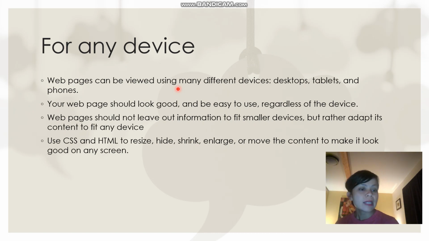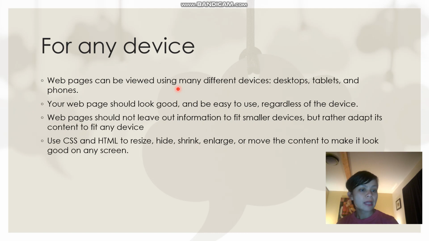So use CSS and HTML to resize, to hide things that are not necessary, to shrink, or maybe to enlarge. Because when your screen size gets smaller, you most likely are going to have to tap on the screen instead of using a mouse that has a bit more precision.